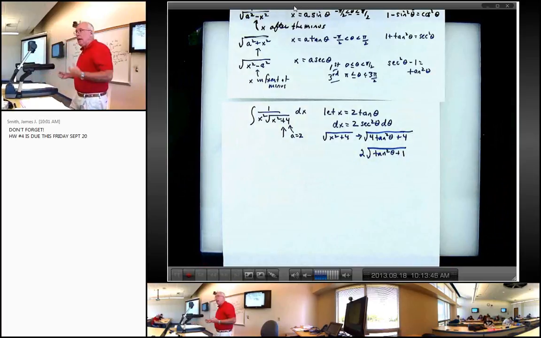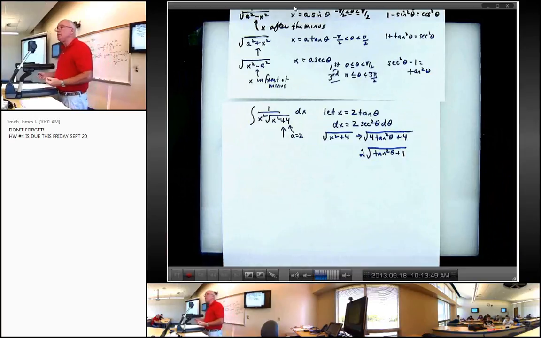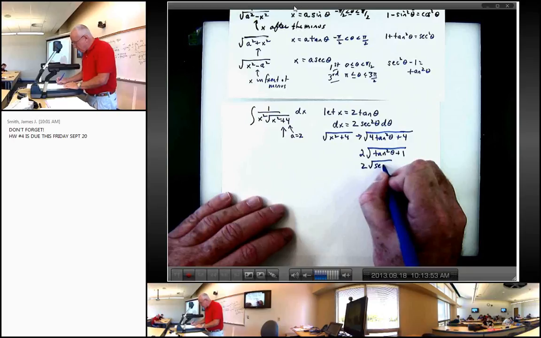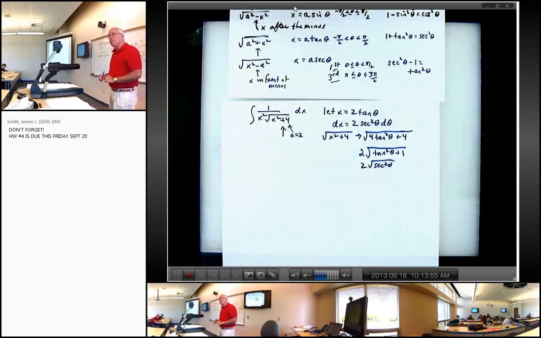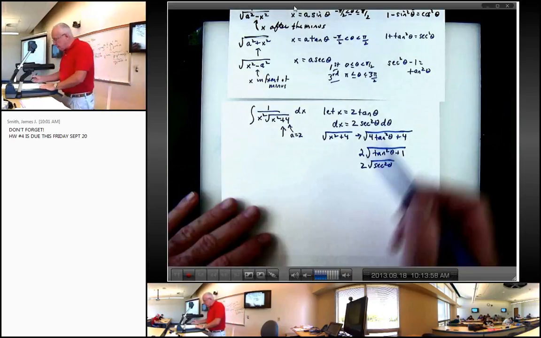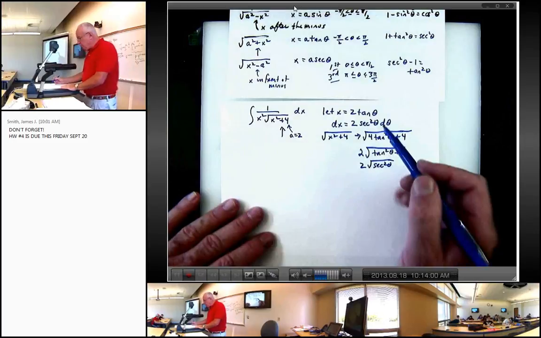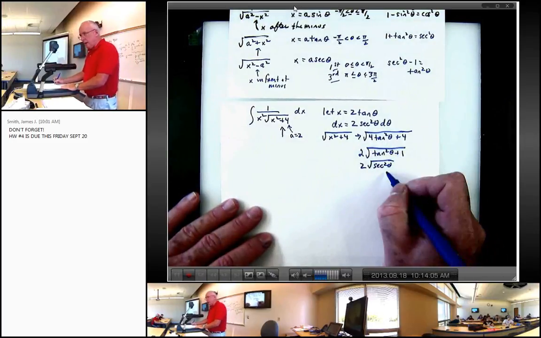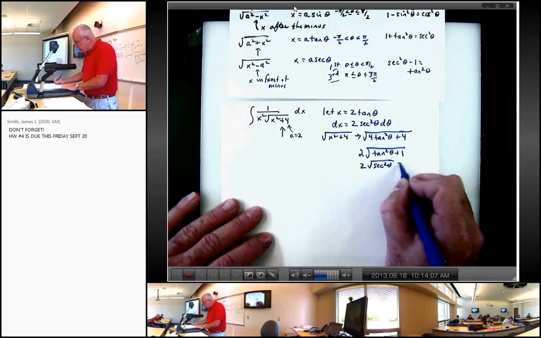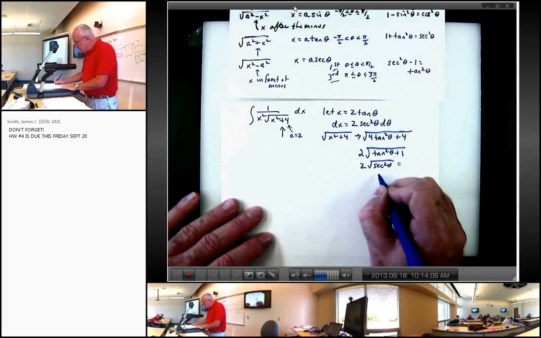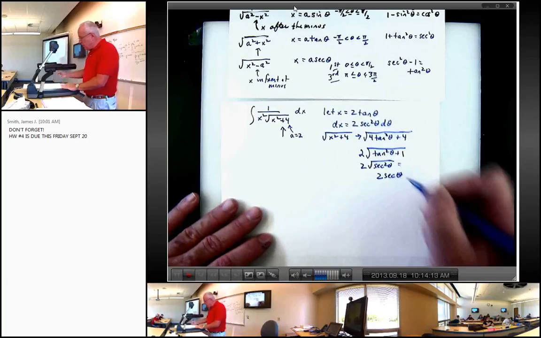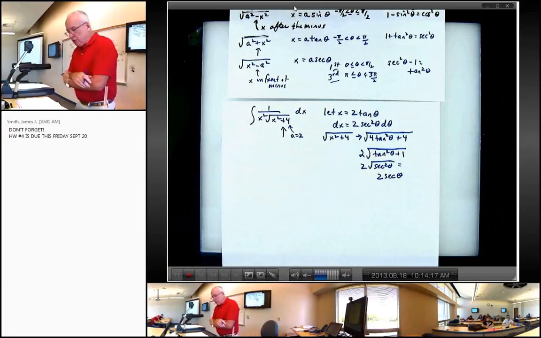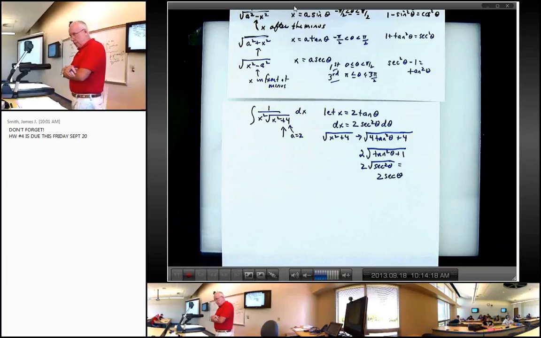And then we know that 1 plus the tangent squared of theta is the secant squared of theta. So that gets replaced like that. And because this is in the first and fourth quadrant, this is going to be positive, so I can just replace the square root of secant squared with the secant. So that whole radical gets replaced by 2 times the secant of theta.